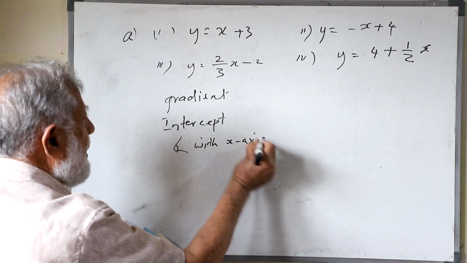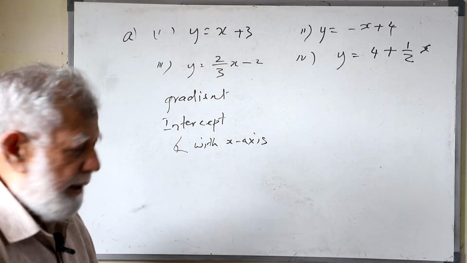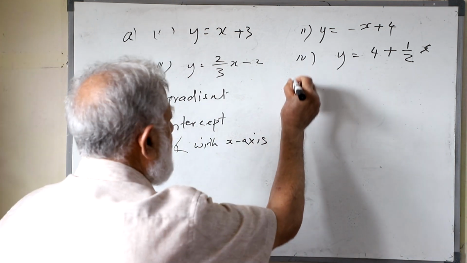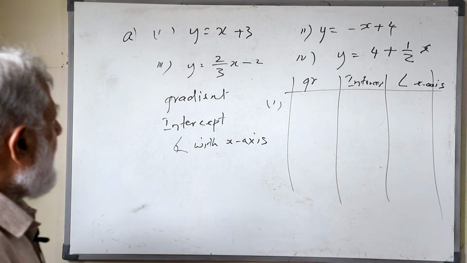Now, these are three things you have to write for all these graphs. Without drawing the graph, you have to write down. So we'll make a small table like this. So, three things they are asking.